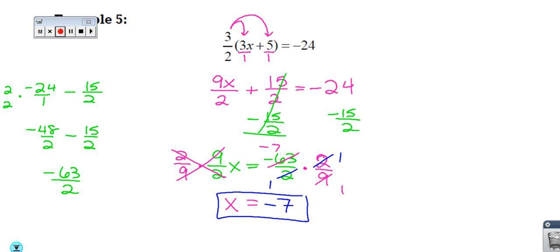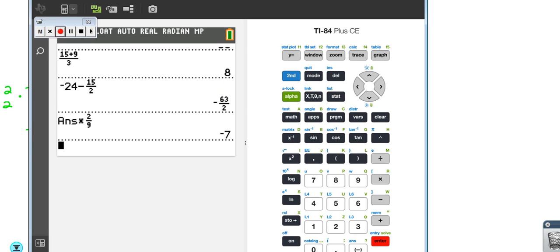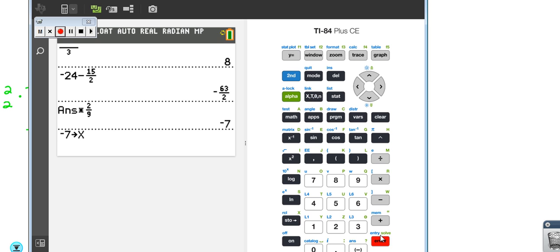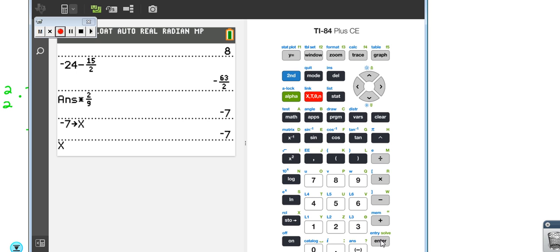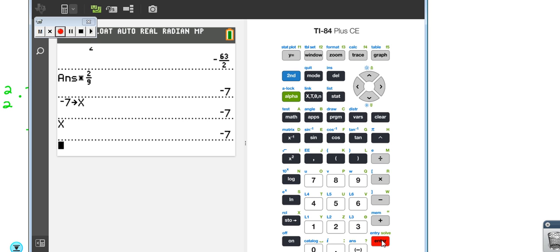The other way of checking using your calculator, and I just want to mention this, so I do have a way to tell my calculator what I want x to be. So if I want negative 7, I can hit this store button, which is the button right above the on button, and I want to store it for x. So now every time I use x, my calculator knows that I want negative 7.